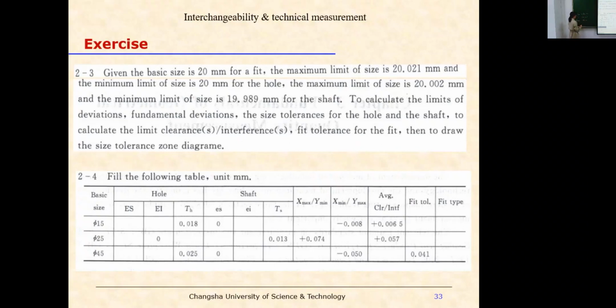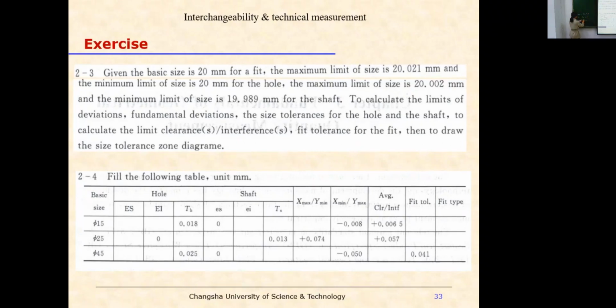The shaft is plus. If the minimum hole minus the maximum shaft is minus, it means that the maximum is here, the clearance, right?